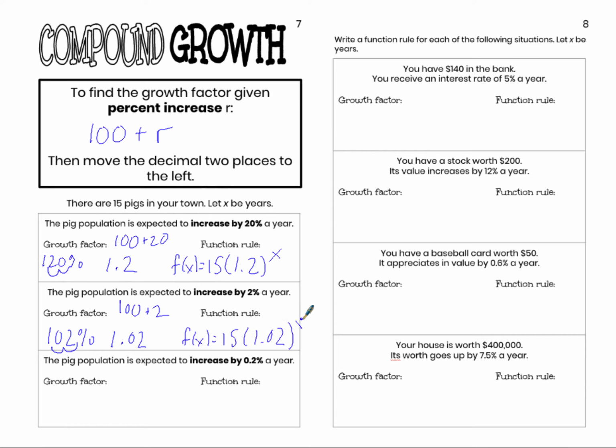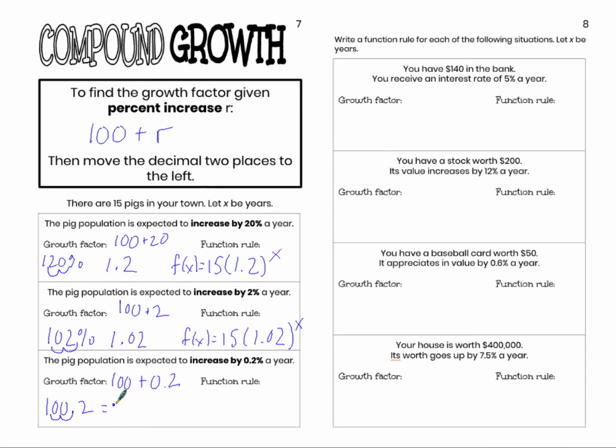growth factor of 1.02. This is the one that students miss a lot when we have an increase of 0.2%. I'm still just going to add that 0.2% to my 100. So my growth factor is 100.2. And then I move the decimal 2 places to the left.